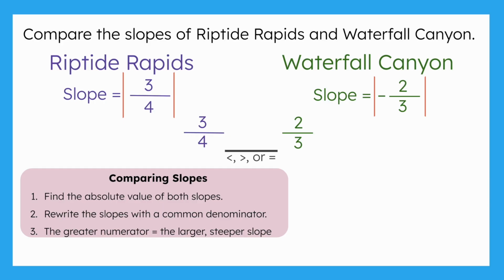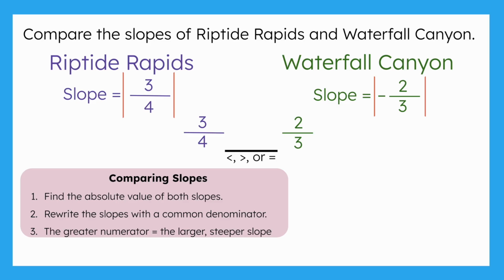Now we compare those two fractions. Remember how to compare fractions? If not, check the video in your guided notes. Here's a quick refresher. To compare fractions, their denominators must match. Ours are 4 and 3, not the same, so we find the least common multiple. How about 12?